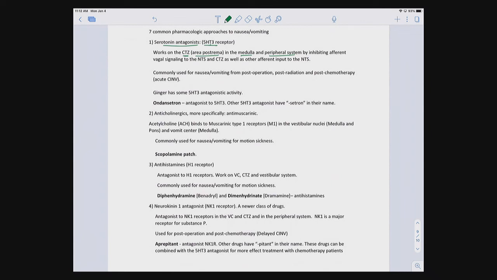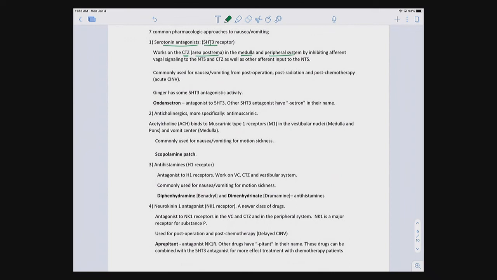That will increase action potentials going up the vagus nerve, which will then release neurotransmitters to the nucleus tractus solitarius. And part of the nucleus tractus solitarius, of course, as we saw earlier, is involved in the vomit center. And then when that axis is stimulated, of course, the end result is nausea and vomiting.